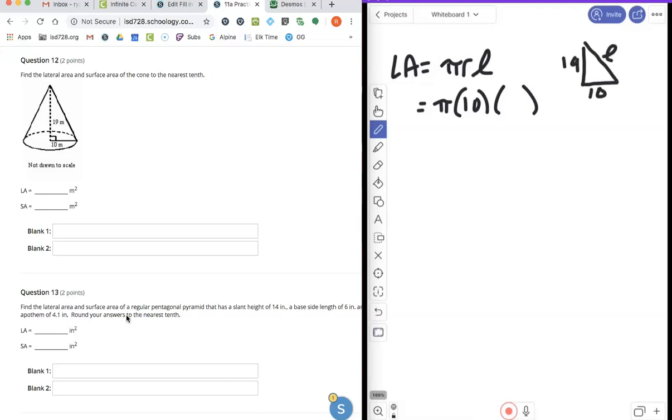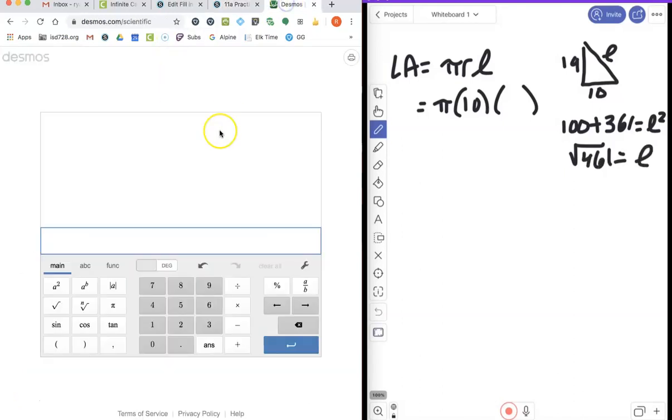We need to use Pythagorean theorem for L. So that's 10 squared, which is 100, plus 19 squared, which is 361, equal to L squared. Or we are going to take the square root of 461 to get L. So the square root of 461 is 21.47.